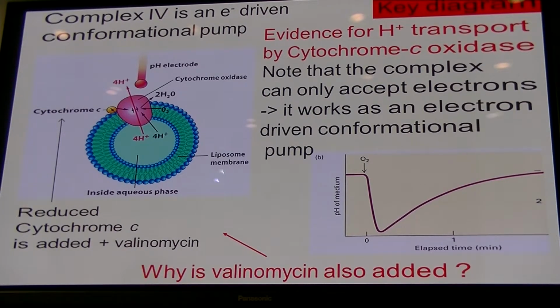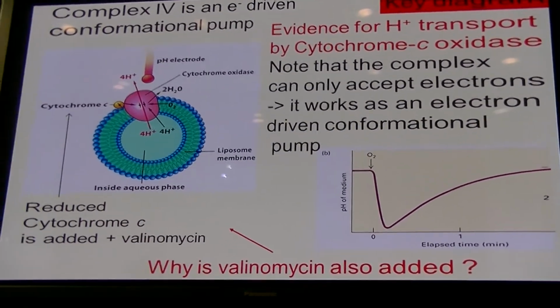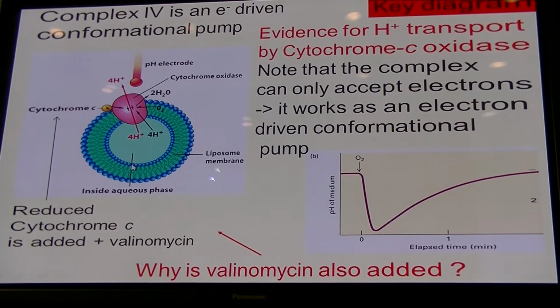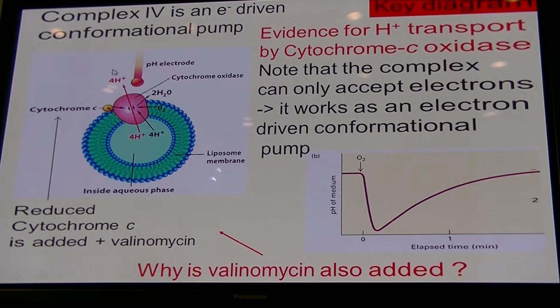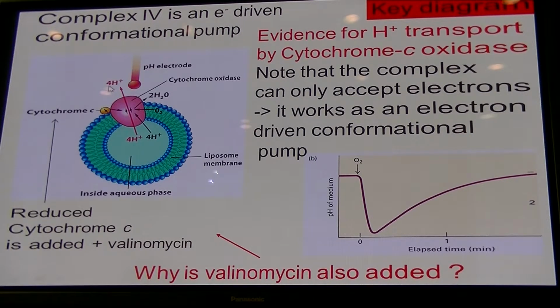So why was valinomycin added? So remember what valinomycin does. What is valinomycin doing? Pathway for potassium, right? So there's a pathway for potassium to move over the membrane. So if we move protons by cytochrome C oxidase, we establish a membrane potential. A membrane potential establishes very quickly. So there's a significant membrane potential.